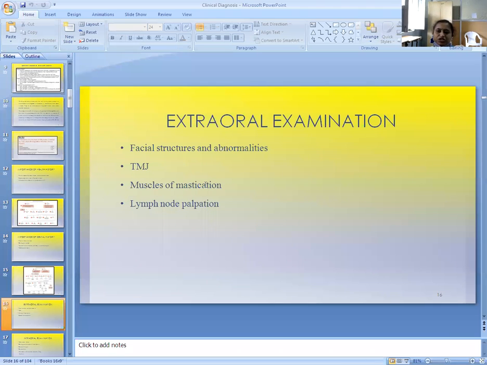So for the temporomandibular joint, deviation of the joint, a clicking sound if the patient is having it, or any pain related with this joint, you have to evaluate all these things. Then muscles of mastication, then lymph node palpation. Submandibular lymph nodes you have to palpate and evaluate.